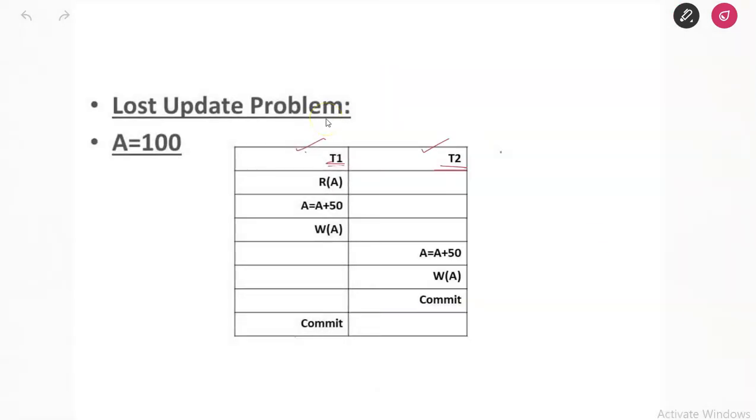Now let us discuss the lost update problem with the help of an example. Before going to this table, consider you and your sister, or any sibling for that matter. You already had rupees 100 in your account and rupees 50 has been added today. You have got rupees 50 as your pocket money and you have added it, and the total value you know is right now 150 in your account.